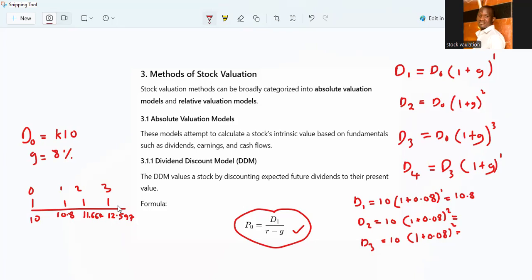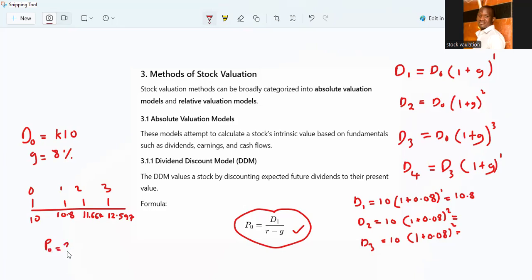So now we go to understanding how to calculate the value of stock. Suppose we want to find the price of common stock now.